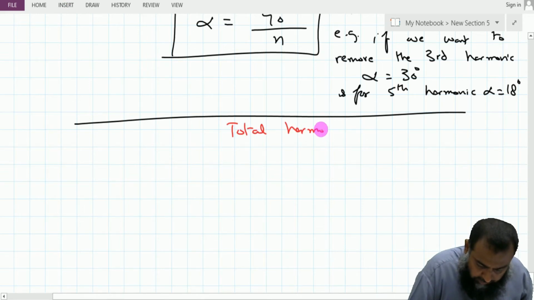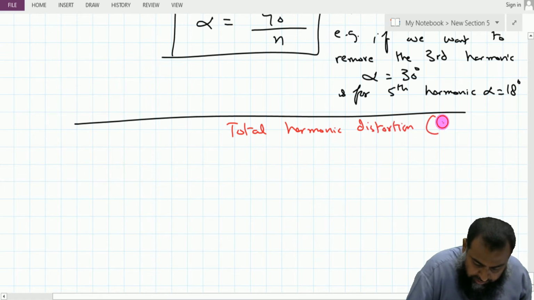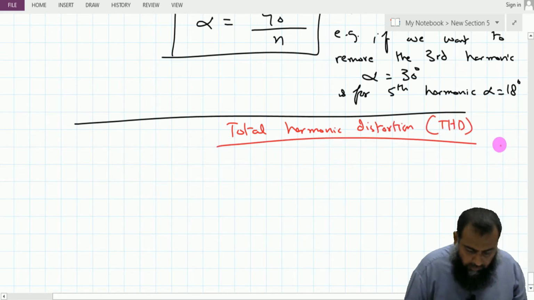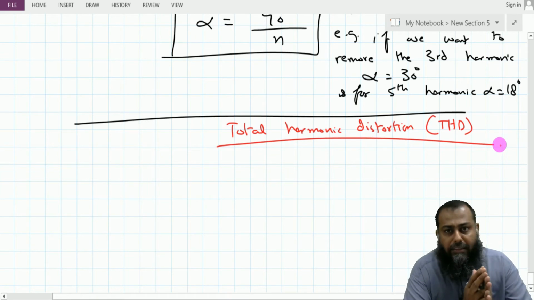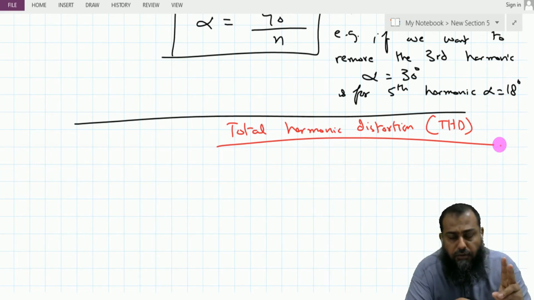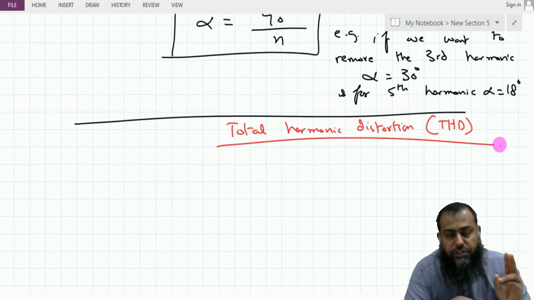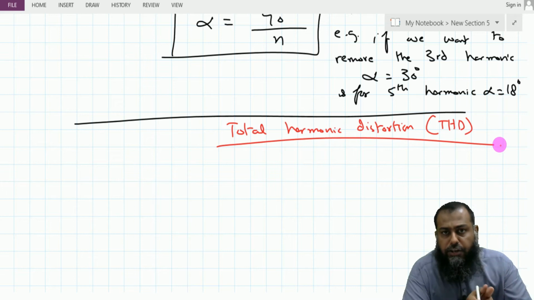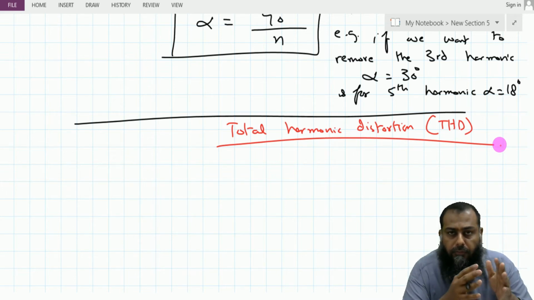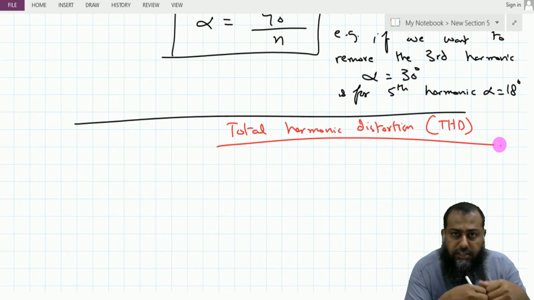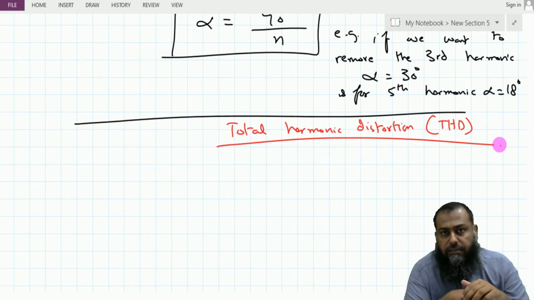Total harmonic distortion, or the THD, is a method to mathematically quantify the quality of the output voltage of any given system. It is particularly used for the inverter output, because the aim is to produce a sinusoidal output by using these semiconductor devices.